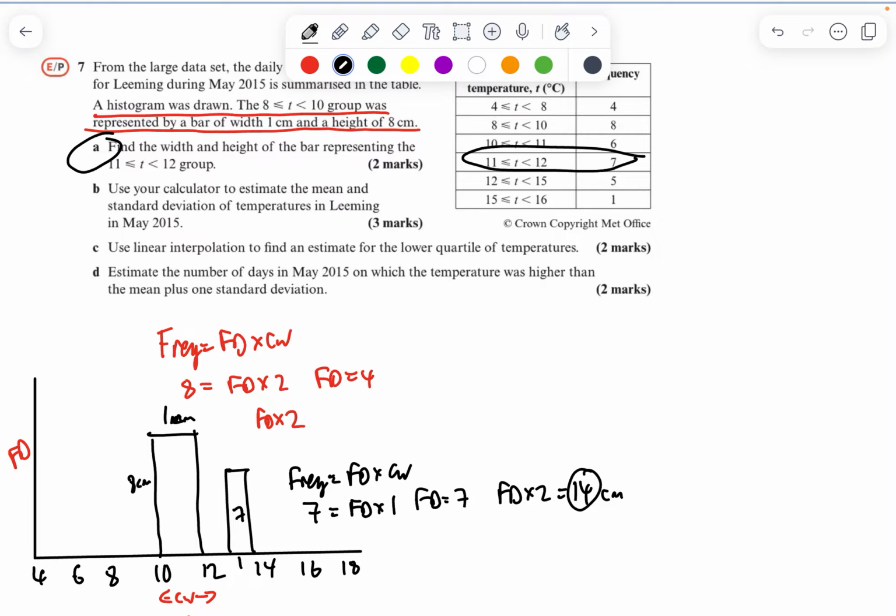So for A, our bar will be 1 centimeter by 14 centimeters.